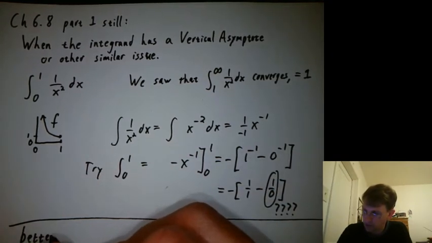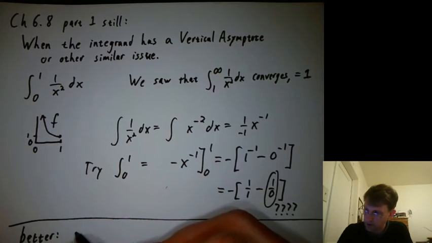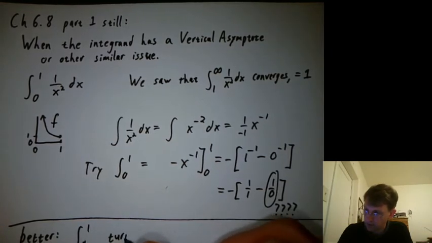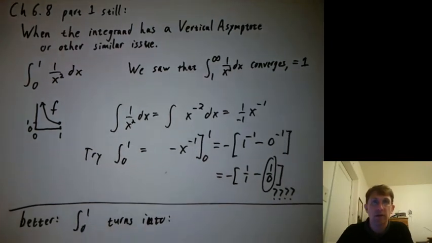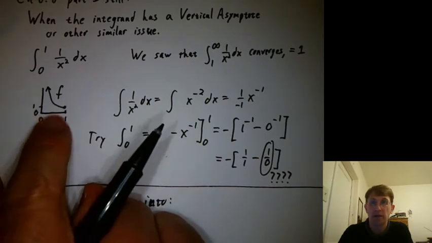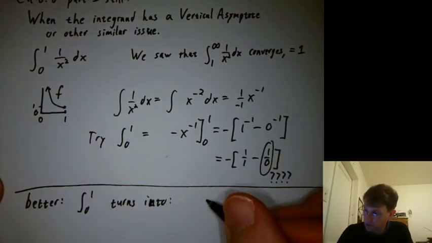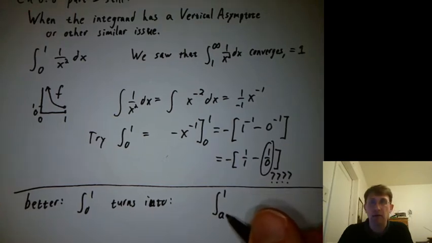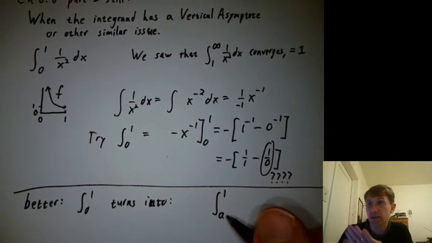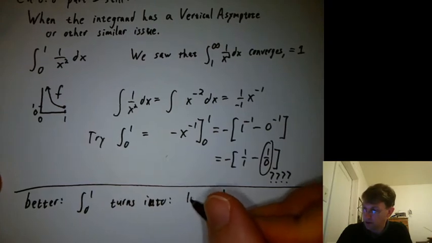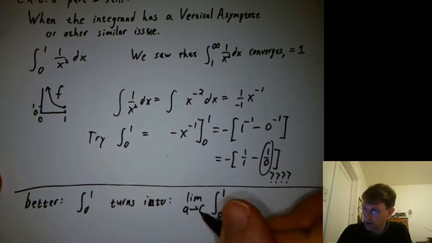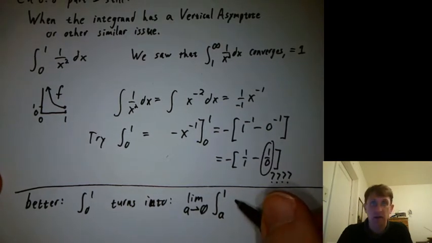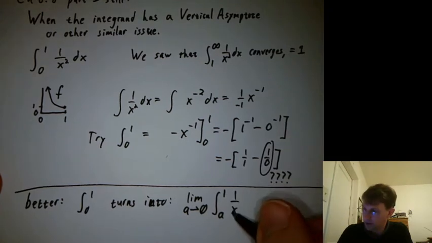We'll take a more careful approach. What was causing the problem here? It was plugging in that 0. So let's take the integral from a to 1, where a will be things that aren't quite 0 but are sneaking up on 0. So we'll take the limit as a goes to 0 of the integral of 1 over x squared dx.